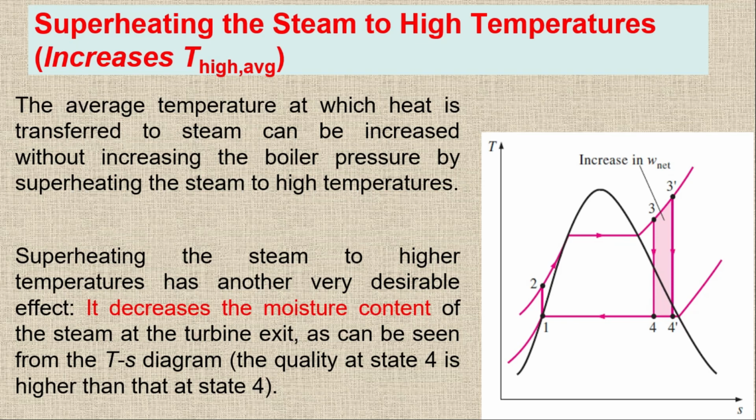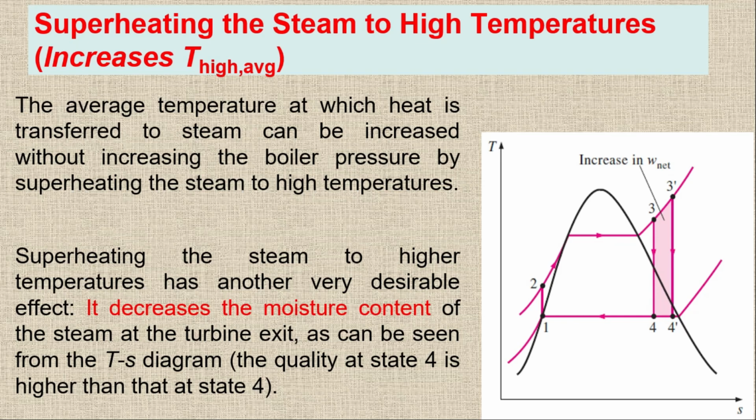Because at high temperature, there's a chance that the material will start to melt, or break, or there will be some leakage or some cracks. So there is a limit to superheat the steam. But again, in this case, we will get the higher efficiency.